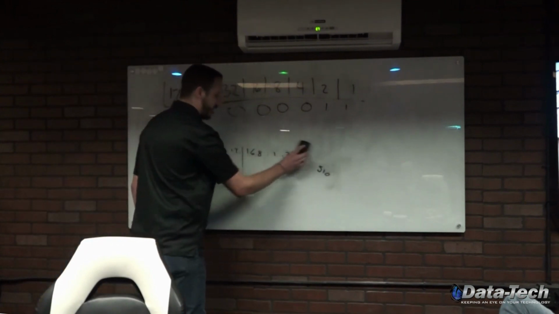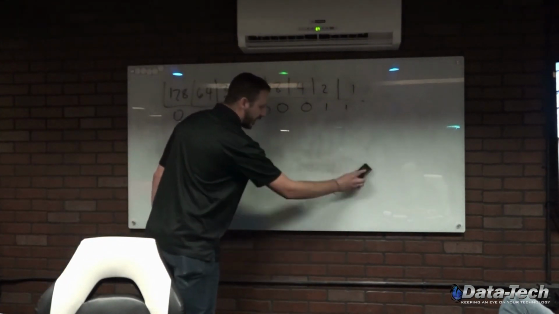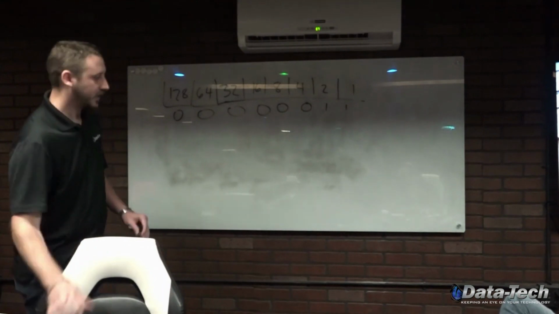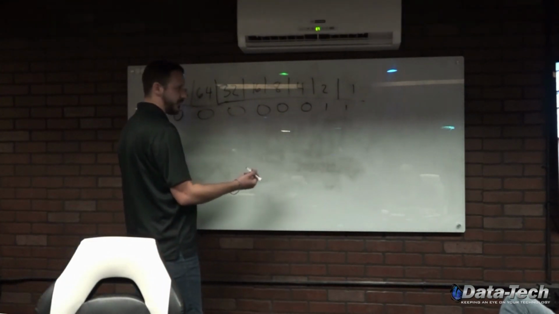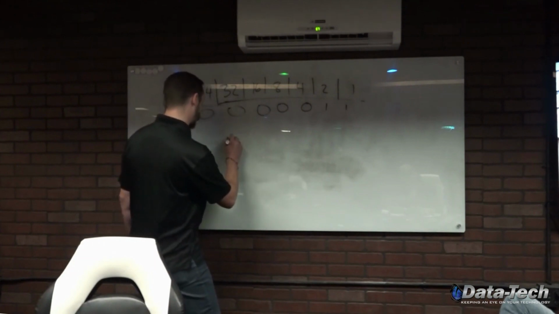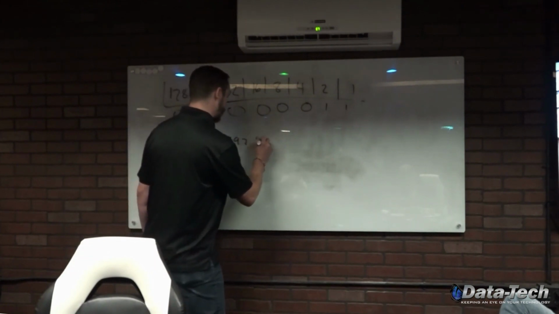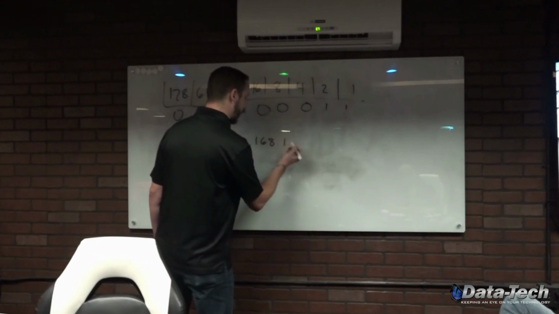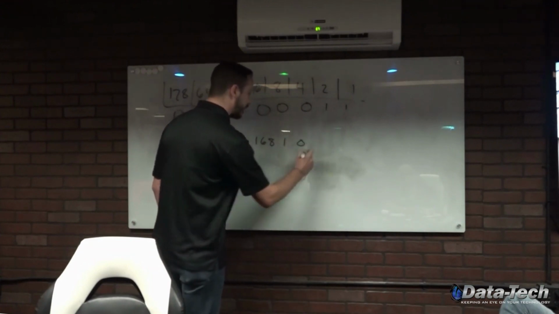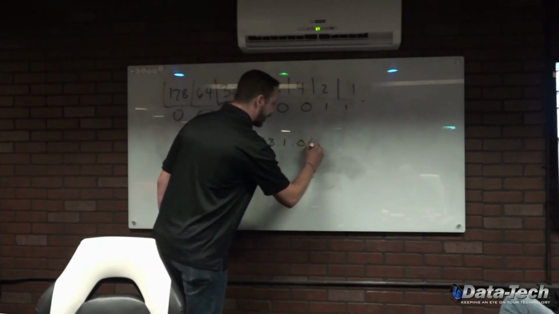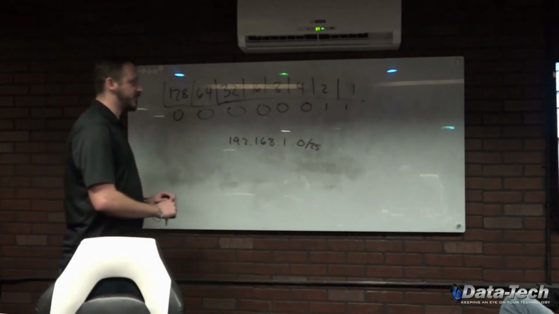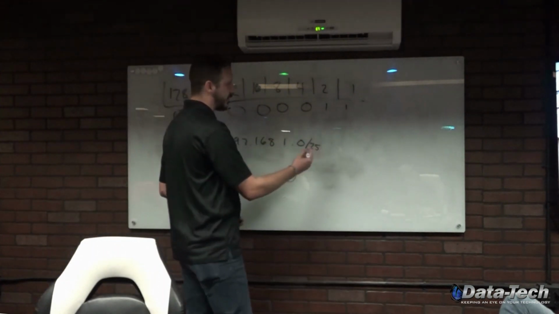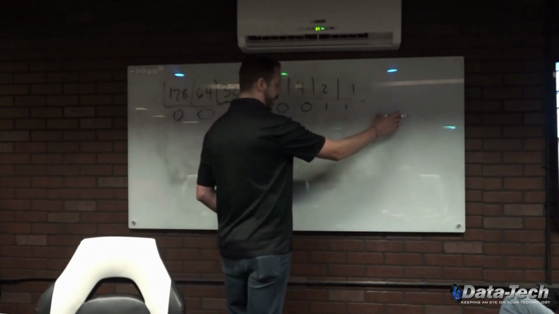So we can do it in the other direction. Let's go 192 again with 168.1.0/25. So now we're going to be borrowing from the fourth octet.